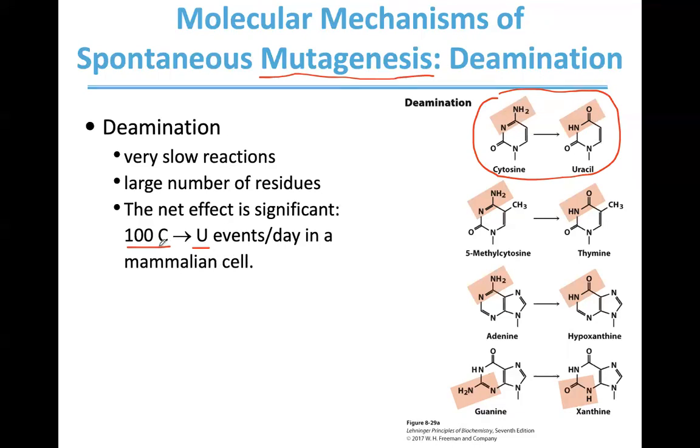So some of this occurs. Why do you think it occurs? What's the advantage of having mutagenesis in our DNA? Ultimately, it can lead to evolution if that mutation becomes advantageous in some way.